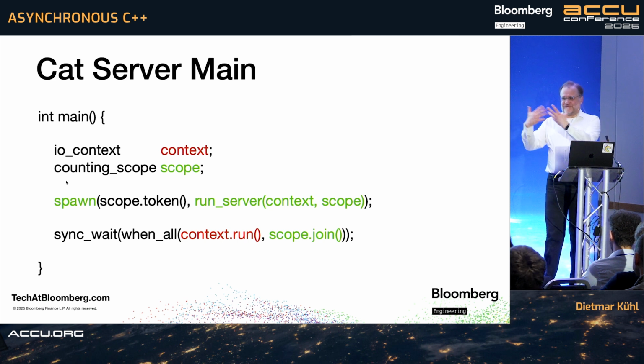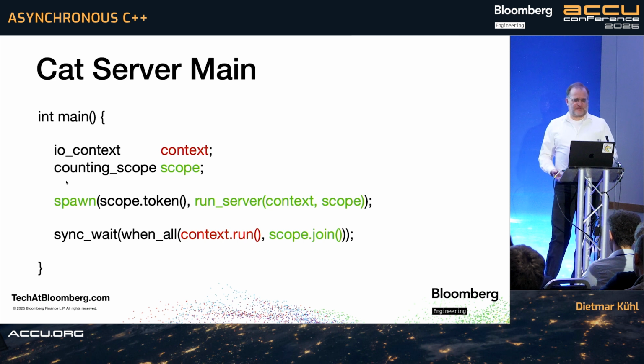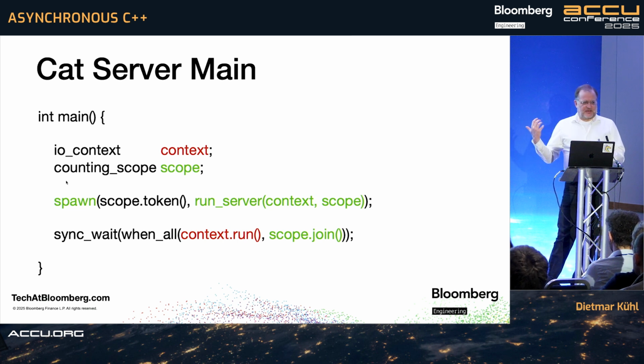You have a place where you can do asynchronous work, but asynchronous work is something which needs to be created. Now, some people may remember that we have async, or I think it's called async, right?